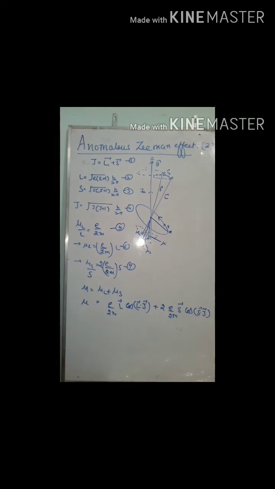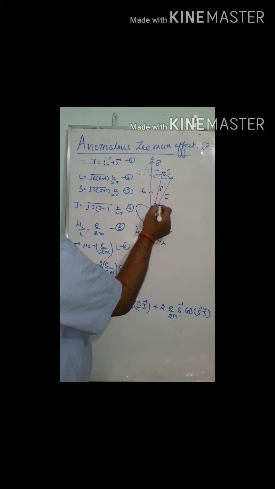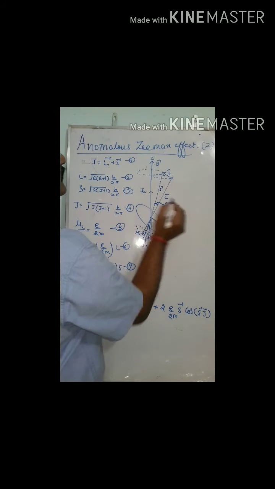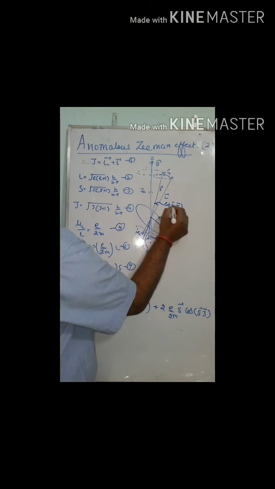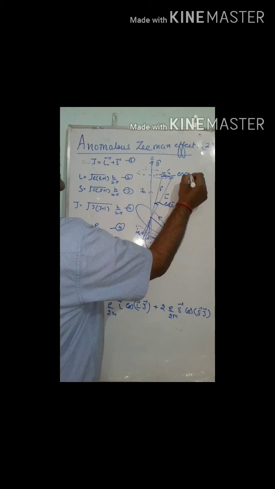These are the components: component of L along J. This angle is LJ, and similarly this angle is SJ.